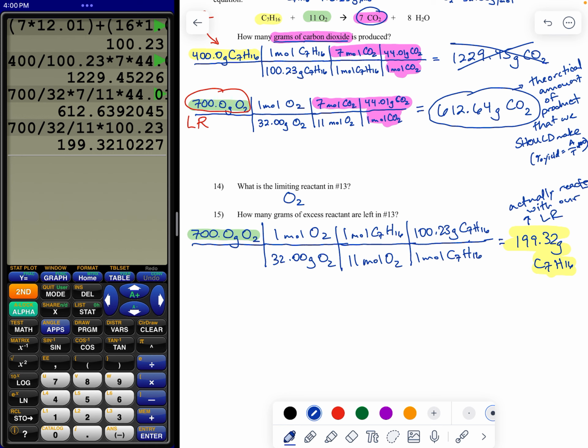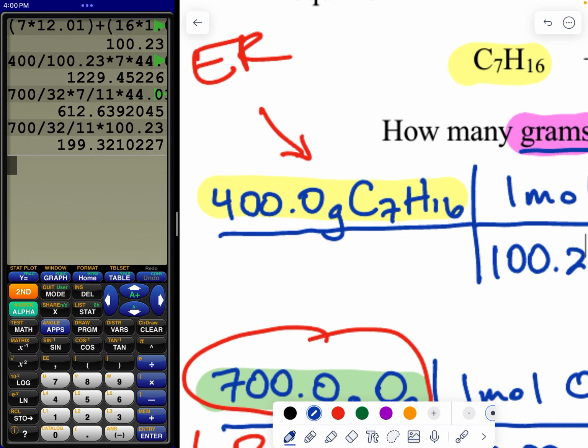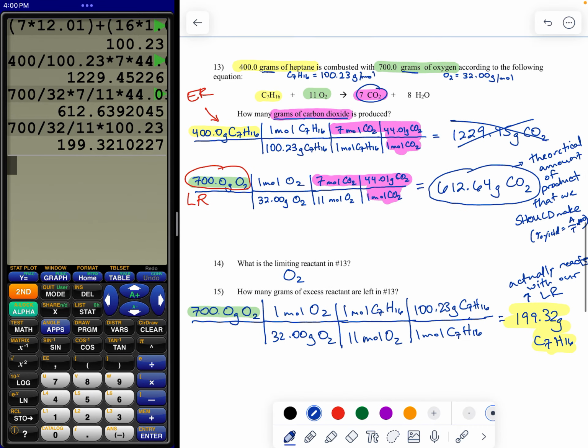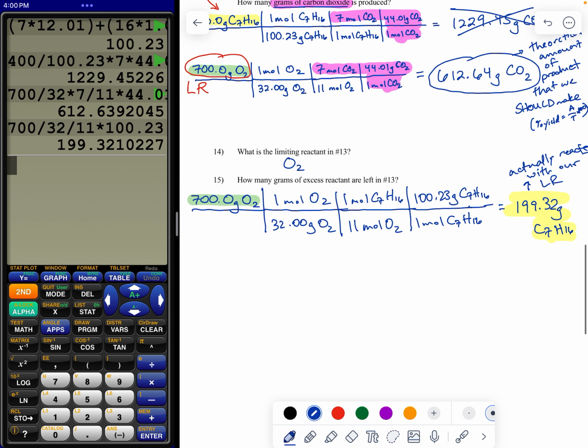And you can see that's significantly less than 400, right? So once we react and all of that oxygen goes away, we can now figure out, hey, what's the amount of excess? Well, we started with 400 grams, right? This was our start.